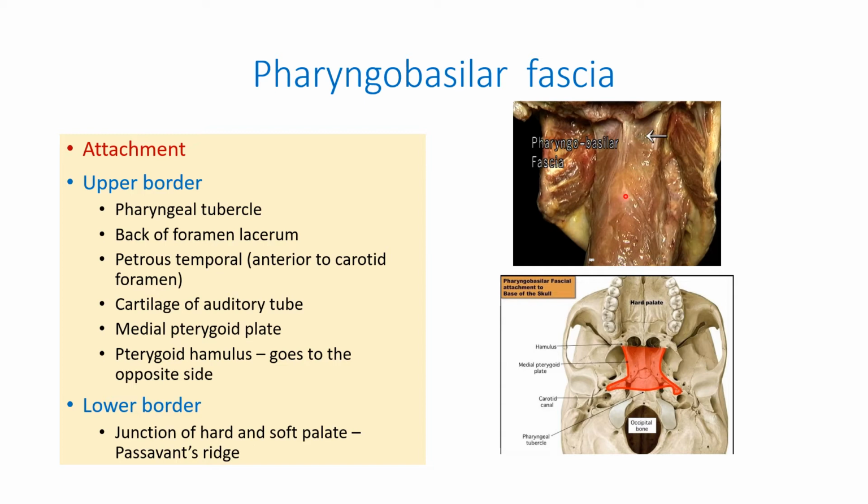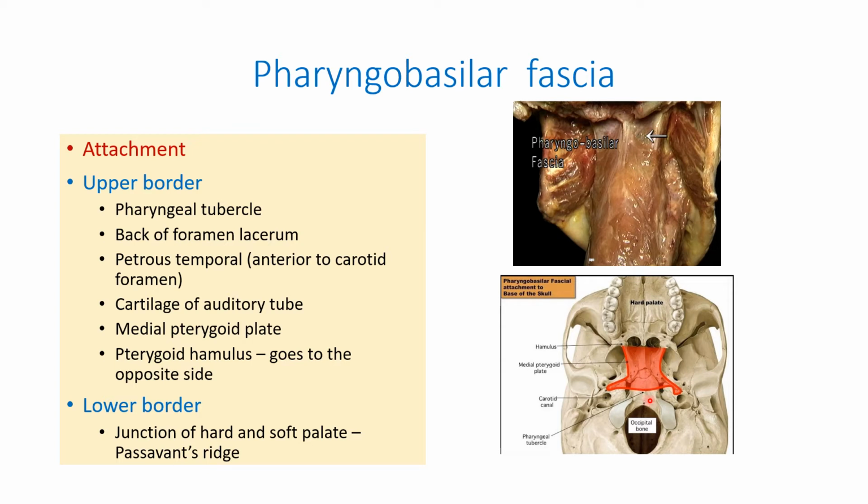Now in this picture we can see the constrictors of the pharynx. This is the superior, this is the middle and the inferior constrictor, and you are seeing the upper border of the superior constrictor, and above it the pharyngobasilar fascia extending to the base of the skull. It is attached to the pharyngeal tubercle, which you can see in this picture.